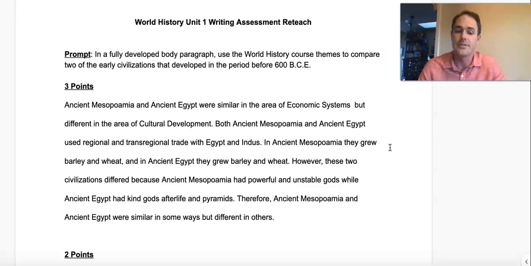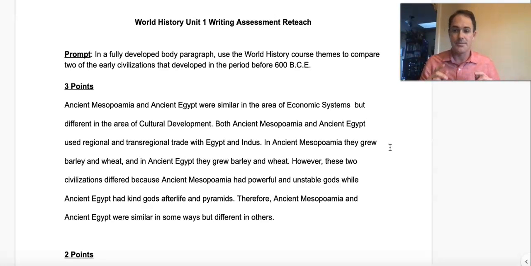So this is what the student said: ancient Mesopotamia and ancient Egypt, those are the 2 civilizations, were similar in the area of economic systems, theme, but different in the area of cultural development, second theme. Excellent topic sentence. Both ancient Mesopotamia and ancient Egypt used regional and trans-regional trade with Egypt and Indus.